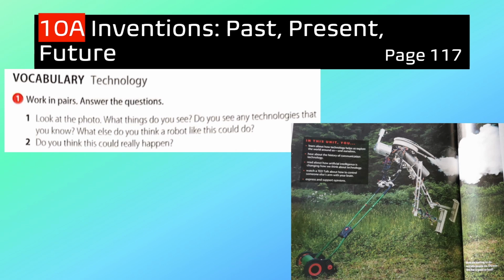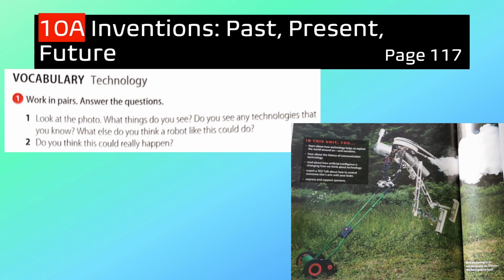As you can see on pages 116 and 117, we have a very funny looking robot that is mowing the lawn or something. I need you to please look at it carefully and think about these questions. For example, the first one, what things do you see? Well, I see a robot that can fly and a device to mow the lawn.